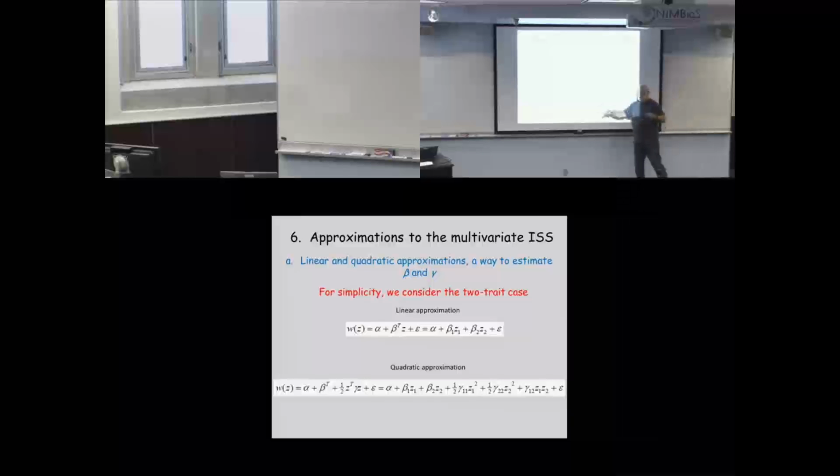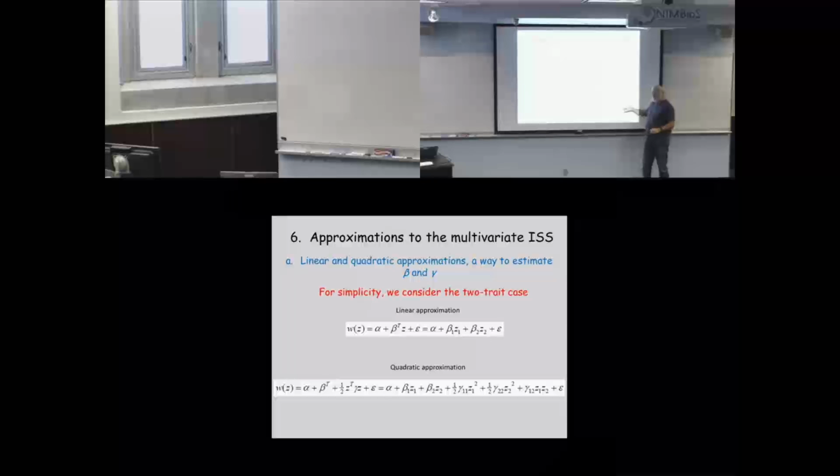With just these two terms, we can describe whether the surface is round and curved up or down, or whether it's like a cigar that's curved up or down. But what the gamma 1,2 term does is tell us whether the cigar is tilted up or tilted down. Gamma is also describing the effects of selection on the covariance.